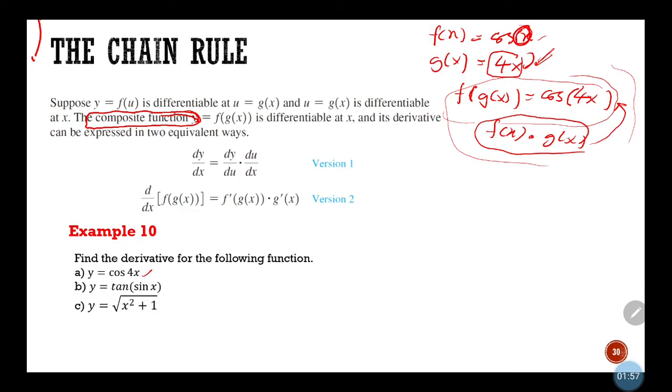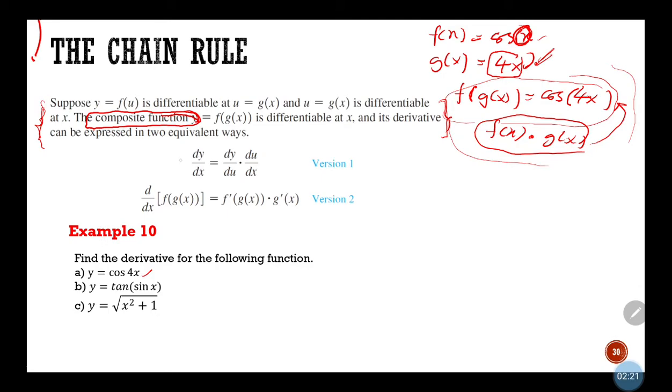Kalau you baca kat sini, you boleh baca, tapi maybe for me myself pun, kalau first time belajar benda ni, I won't understand this. Tapi sekarang ni, because I've gone through the examples, I know how to solve this. So I think the best way to discuss this is we straight away go to the example.